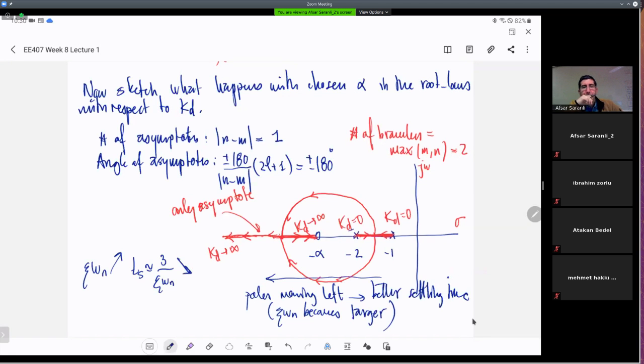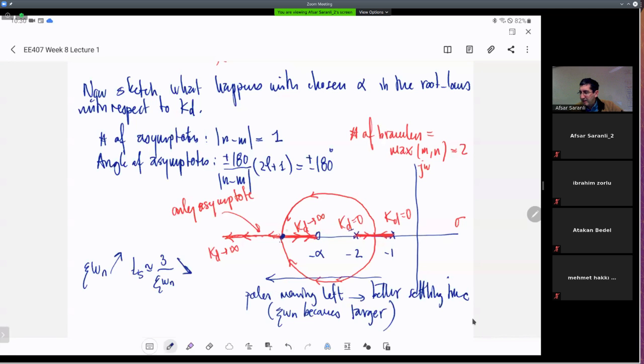Better settling time. What happens after this point over here? Maybe this part might not be correct, as I'm going to explain in a minute. The poles are meeting at the break-in point. What's happening afterwards? Settling time becomes worse because psi omega n decreases.